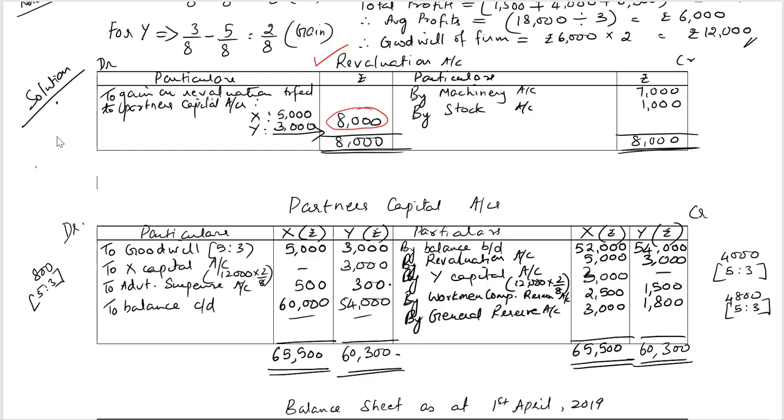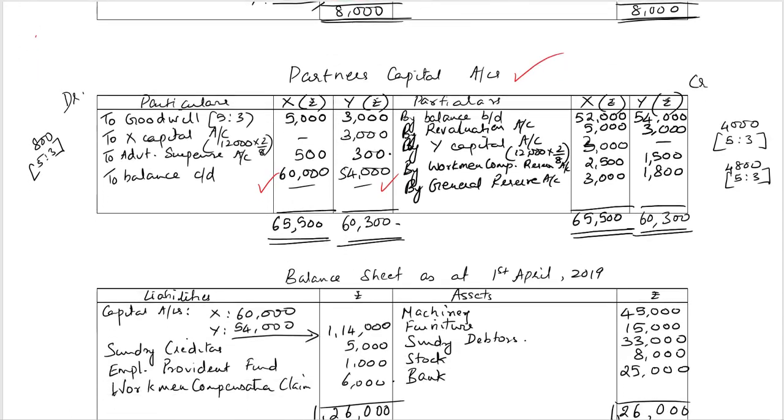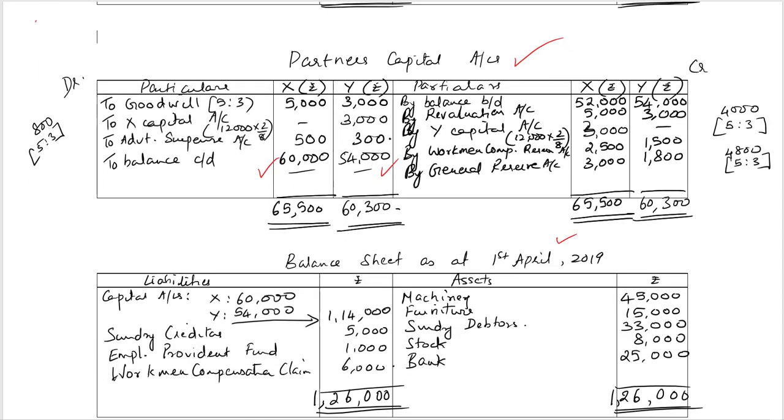Then we went ahead and prepared the partners' capital accounts. We got the balance of capital accounts for X as 60,000 and for Y as 54,000. And we went ahead to prepare the balance sheet. We inserted the capitals of X and Y as 60,000 and 54,000. We revalued the assets and liabilities. We inserted the claim of rupees 6,000 and tallied the balance sheet.